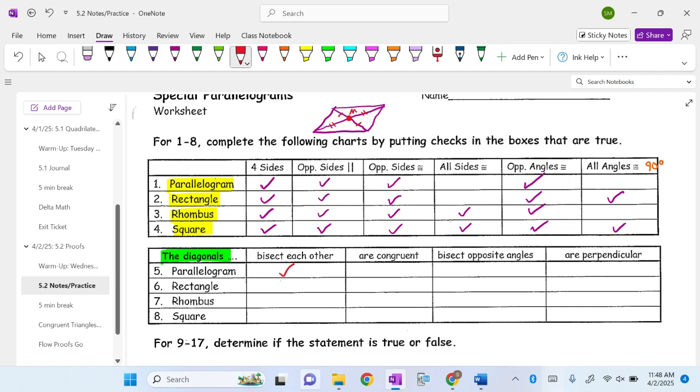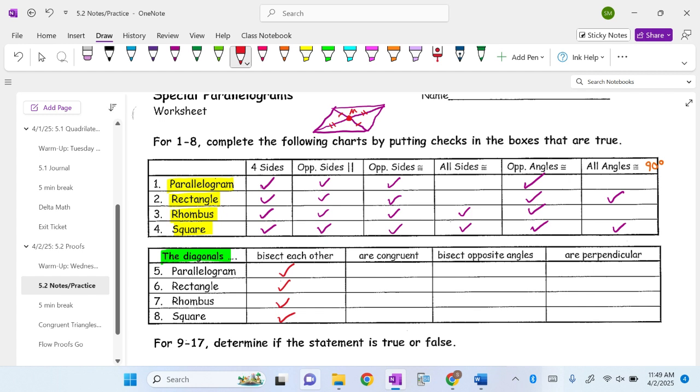So in other words, since parallelogram is above all three of the other shapes and those diagonals bisect each other, that means what about the rectangle, rhombus, and square? They have it too. So that means that these all have it. All right. So that's how you know. So if you don't remember which ones are which, you just got to remember at least the top one in the hierarchy, and then after that, anything below it has it as well.